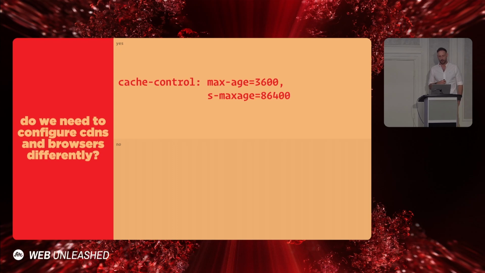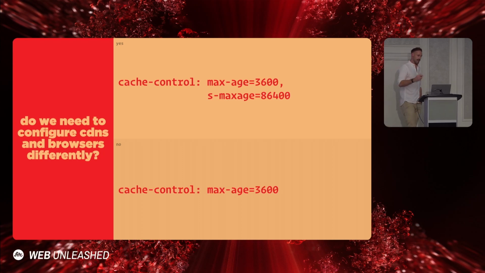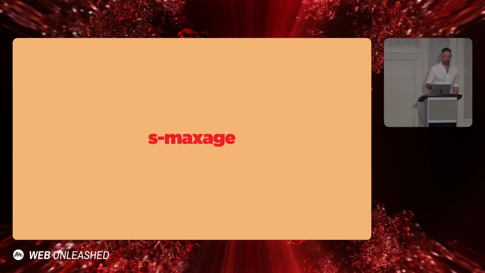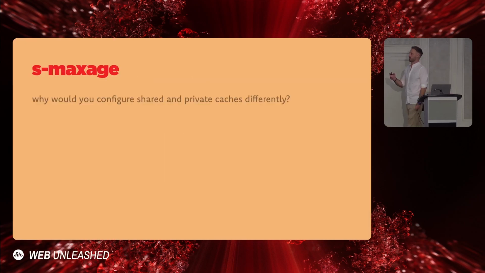Again, as Matt pointed out this morning, the lack of a hyphen in s-maxage or maxage is really quite irritating, not very consistent. But here we can say to our CDN, you can hold a response for a day, but a user's cache can only persist for an hour. If we don't want that, we just use max-age on its own. s-maxage answers the simple question, why would we want to configure our public and private caches differently?